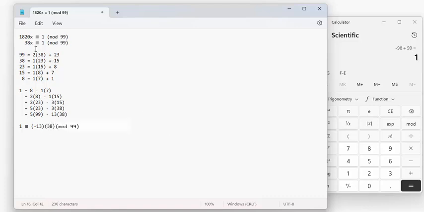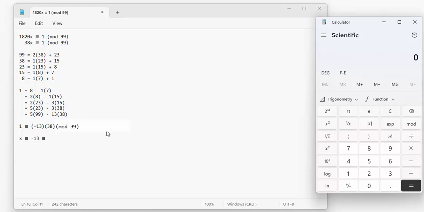Go back to the original simplified equation. In this case, x is negative 13. x is congruent to negative 13. And we want it to be a congruent positive number less than 99. So to negative 13, we add 99. We get 86.